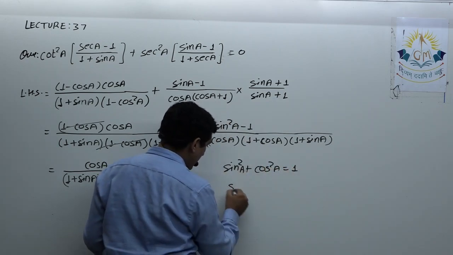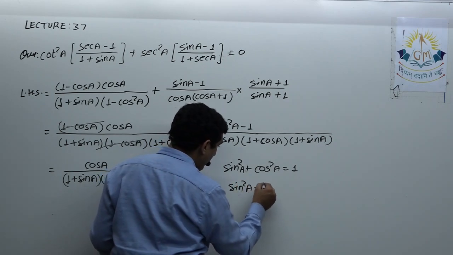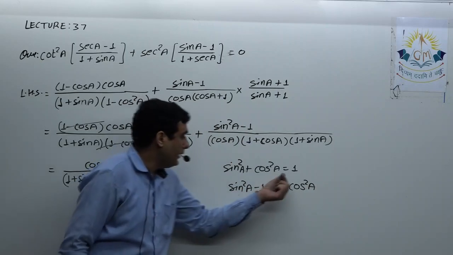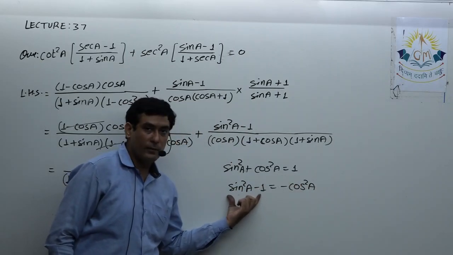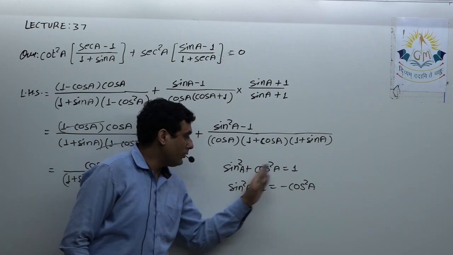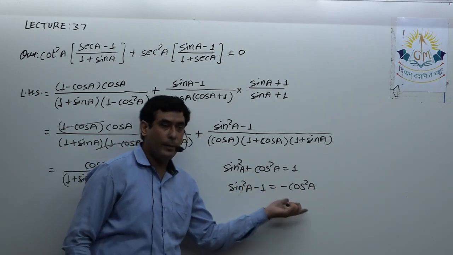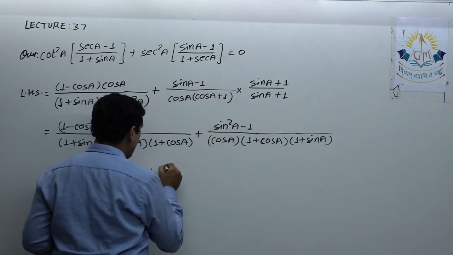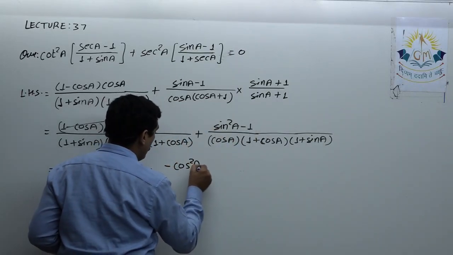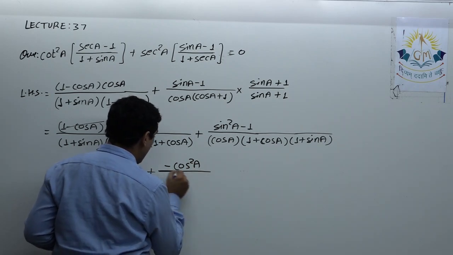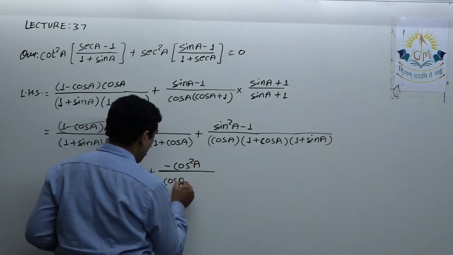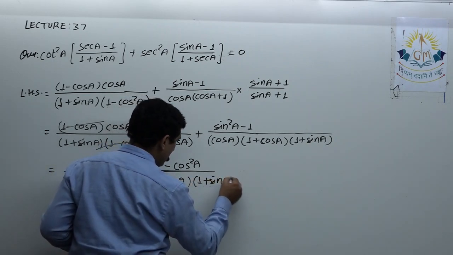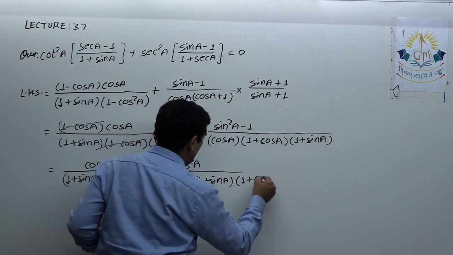So here I have sin square A minus 1, so this will become minus cos square A. Even if I take this 1 on this side, this will become sin square A minus 1, and cos square A will come on that side, this will become minus cos square A. So in case of this sin square A minus 1, I put minus of cos square A divided by cos A into 1 plus sin A into 1 plus cos A.